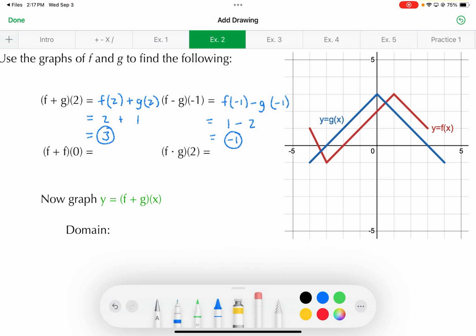Next, we have f plus f of 0. That's f of 0 plus f of 0. f of 0 places you right here. When x is 0, y appears to be 2. So this is going to be 2 plus 2, or 4.